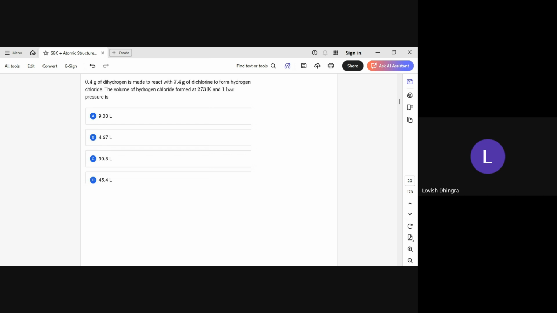Okay, so the question is, 0.4 grams of dihydrogen is made to react with 7.4 grams of chlorine to form HCl, hydrogen chloride. So basically the reaction is H2 plus Cl2 gives 2 moles of HCl, right?